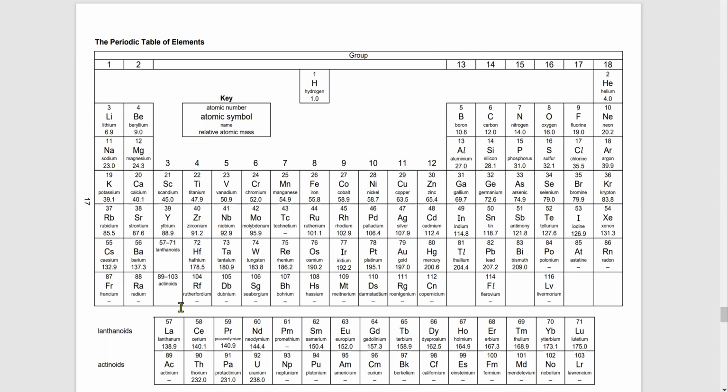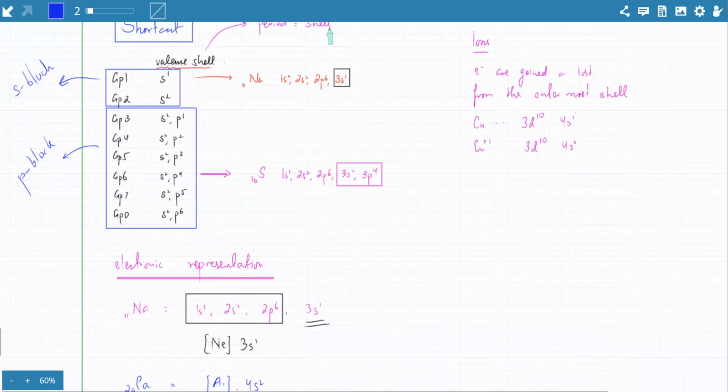And then you have your transition metals, in the middle. Technically, this middle block is not all transition metals. Most of them are, but not all of them. The correct term for this middle block is d block elements.